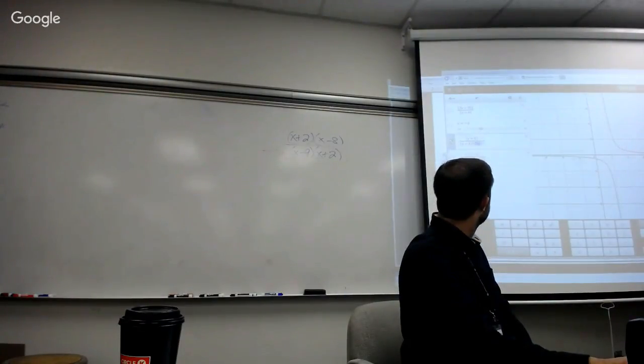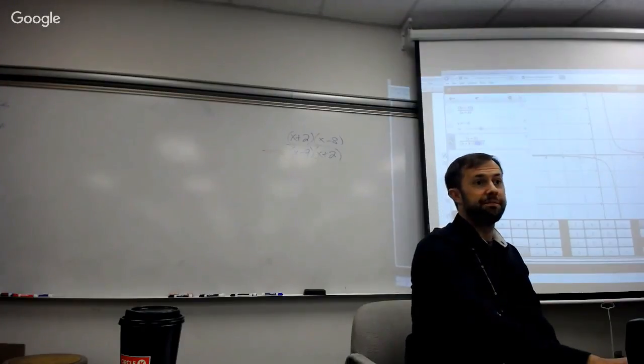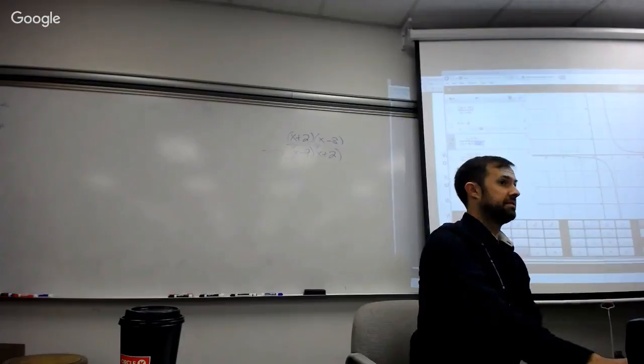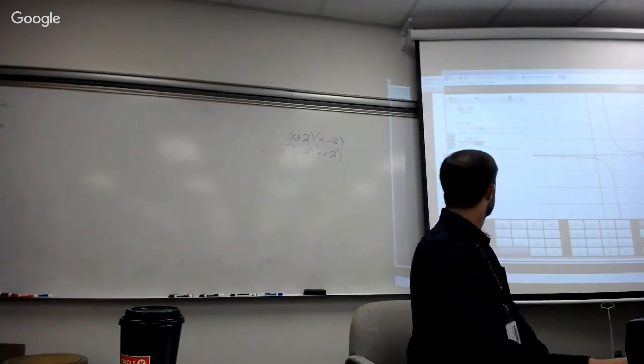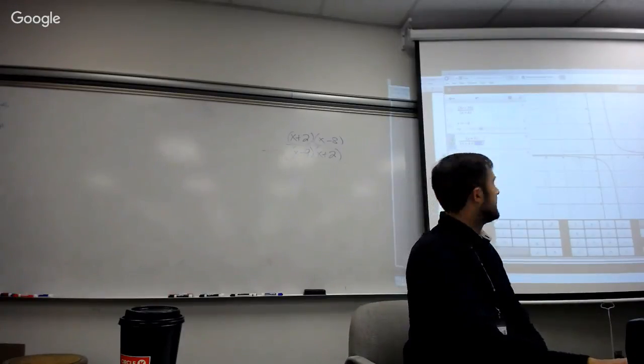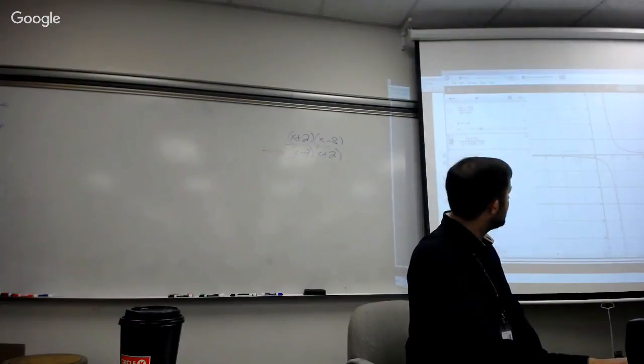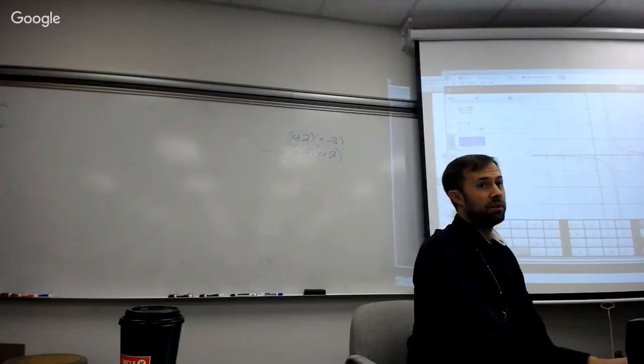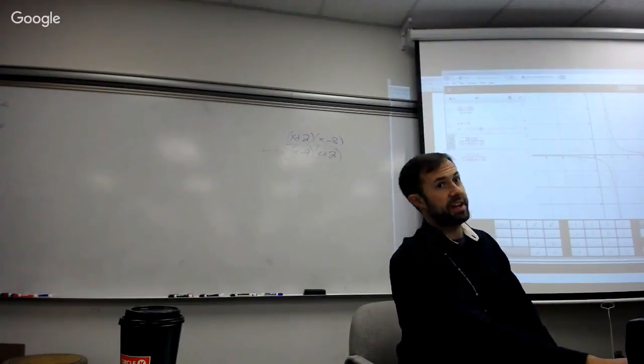When x is positive 2, because then 2 minus 2 is 0. So we look over here at 2, and what's there? An asymptote. It is curious to notice that one binomial term in the denominator caused a hole, but the other binomial term caused an asymptote.